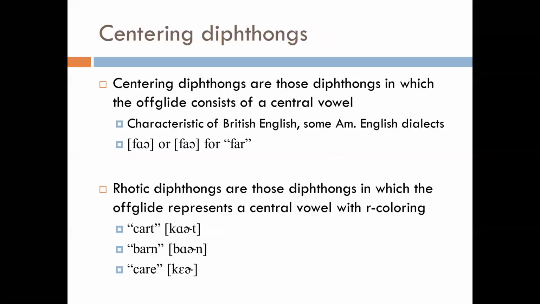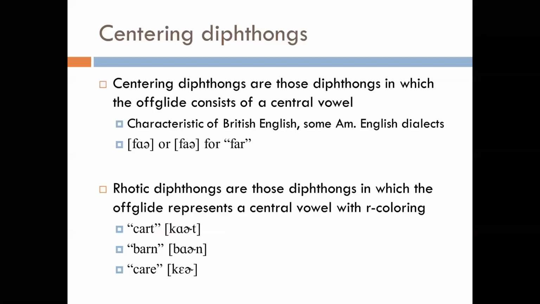All right, the last group of diphthongs we're going to talk about are centering diphthongs, where, like we mentioned before, the vowel starts out on the periphery of the vowel quadrilateral, but ends up somewhere in the center.